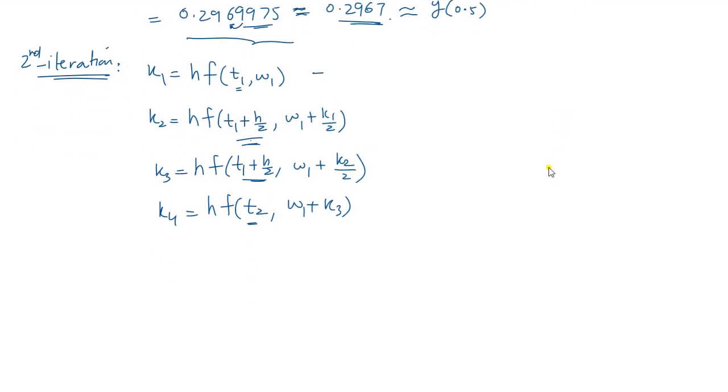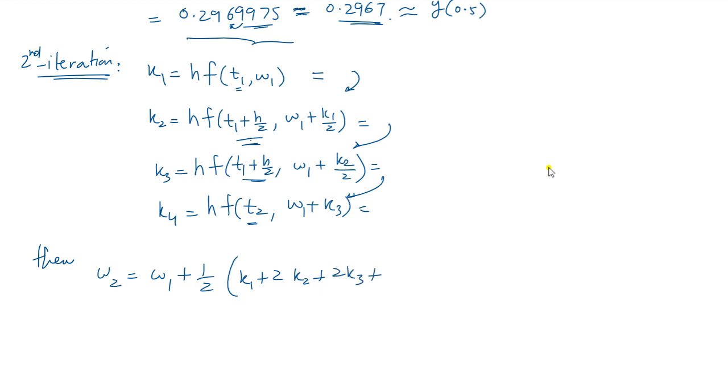So you can calculate these things. Of course, you can do it one by one. Put K1 here, then put K2 here, then put K3 here. So then your W2 will be W1 plus 1 by 6 (K1 plus 2K2 plus 2K3 plus K4). And these are new Ks now, not the old Ks. So use these new answers here.